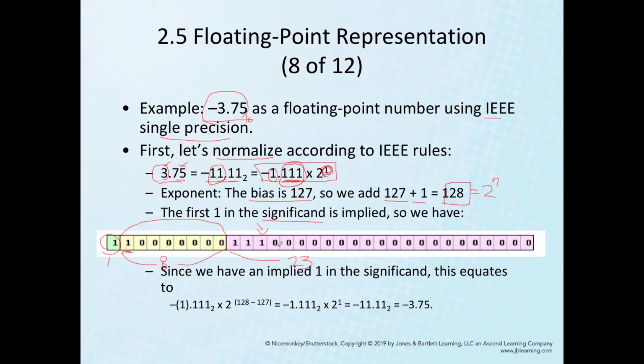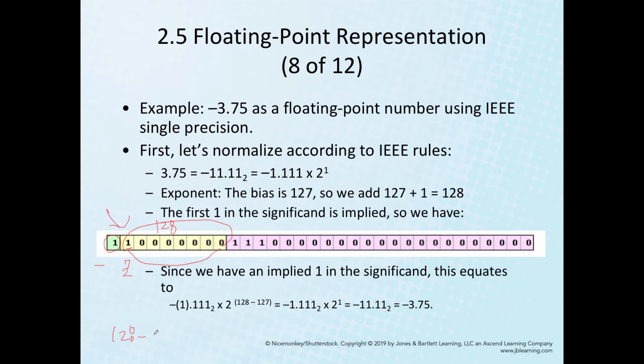And then let's do the reverse. Suppose we have this IEEE single precision floating point representation. What is the decimal value for that? First, the sign bit is 1, so it should be a negative value. And then the exponent: the value being represented in decimal is 128, since this is the 7th bit. But we know the exponent is in excess 127, so 128 minus the bias 127 is actually 1.